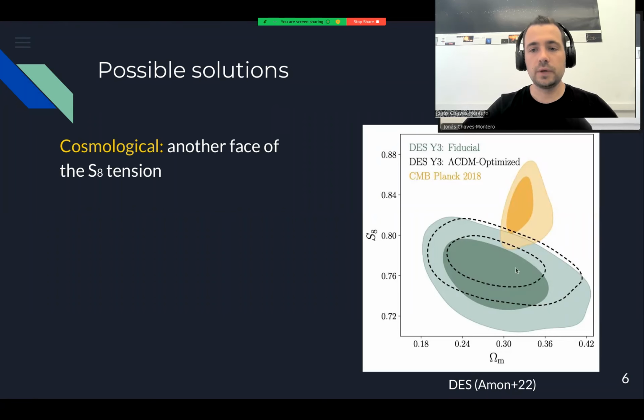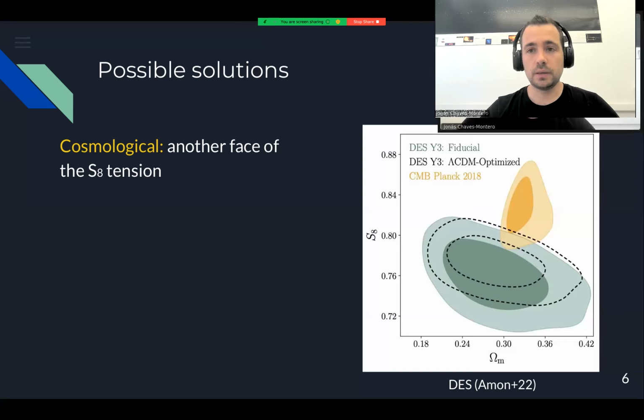As you can see in the figure, there is a roughly 2 sigma discrepancy. So what could be happening here is that because we are always evaluating the model in a simulation with a Planck cosmology, it is possible that in reality the cosmology is different. So we should evaluate the model in a simulation with a low value of S8, and in that way we will solve the problem.